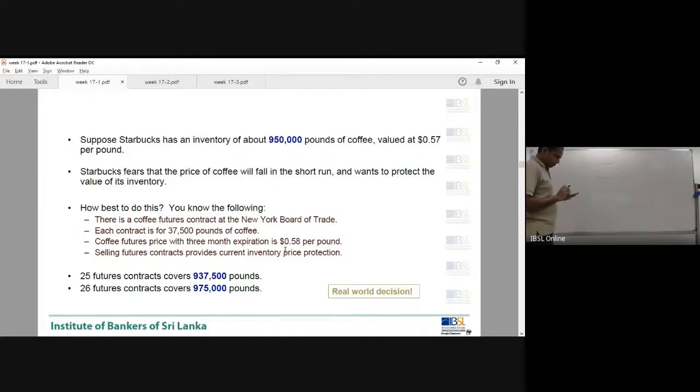So it comes to the short futures, which means they will receive dollars, 543,750 dollars they will receive. Right?